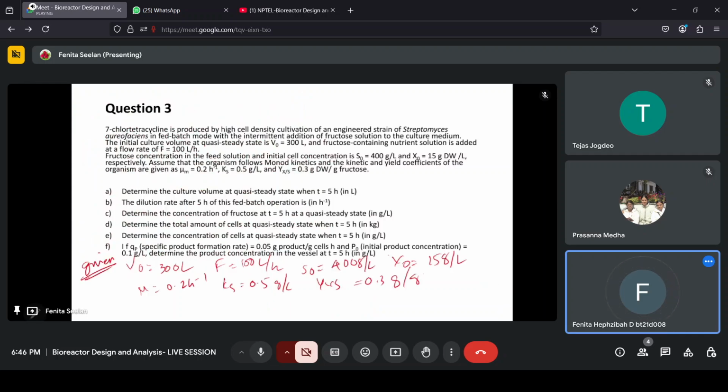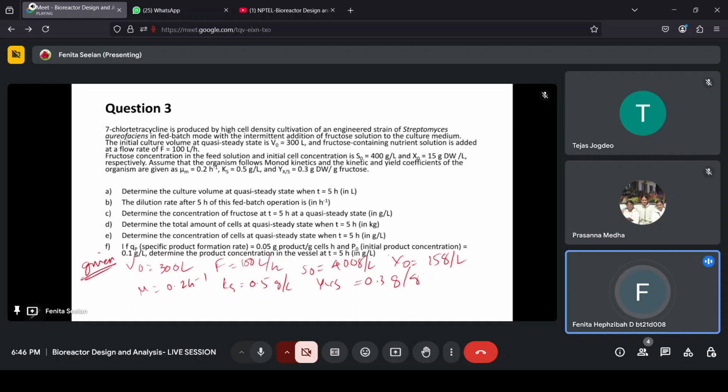Okay, now question C is to determine the concentration of fructose at time equal to 5 hours at quasi steady state in terms of gram per liter. So how do we start calculating? Under quasi steady state condition, D, the dilution rate, will be approximately equal to mu.